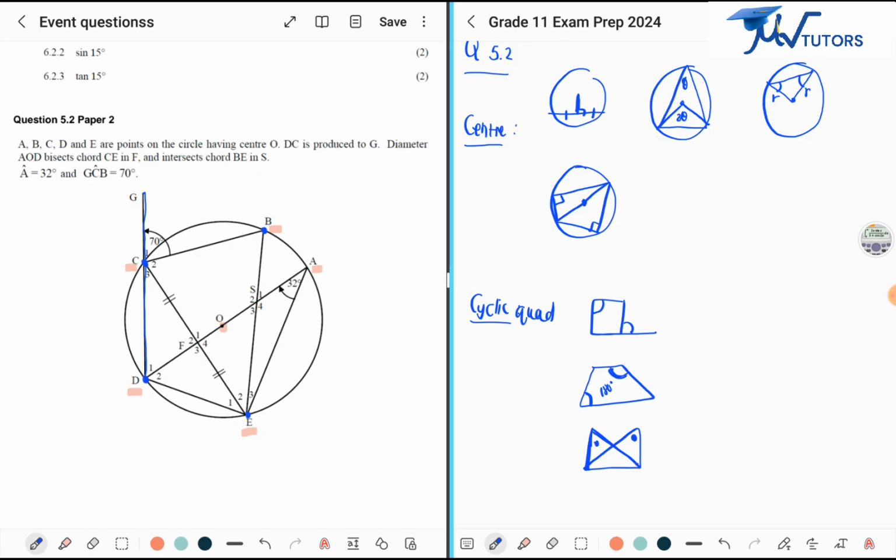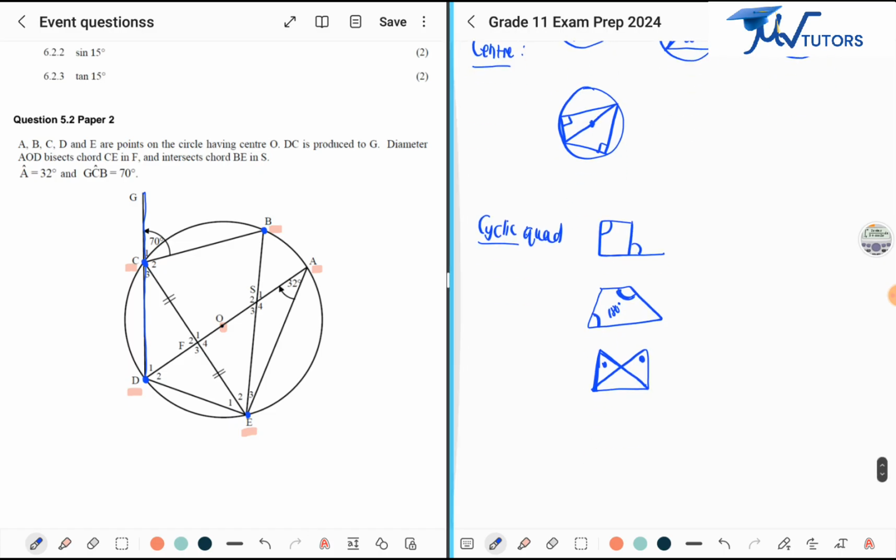Okay, so I see I have a cyclic quad and I see I have an external angle. Maybe let me use a highlighter instead of this pen. In this cyclic quad I have an external angle, so that's great, I can use that. And I also have angles being subtended by the same chord. Do I have it?